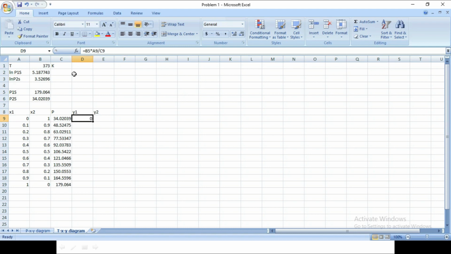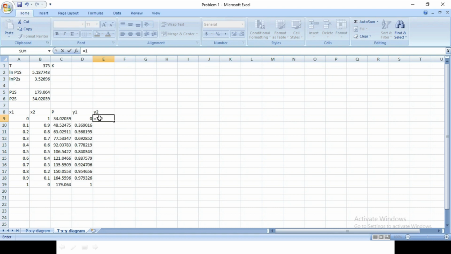Similarly, I am going to lock the cell B5 by putting the dollar symbol in front of B and before the row number. From that, Y2 can be calculated by 1 minus Y1. Copy the formula for the entire column.